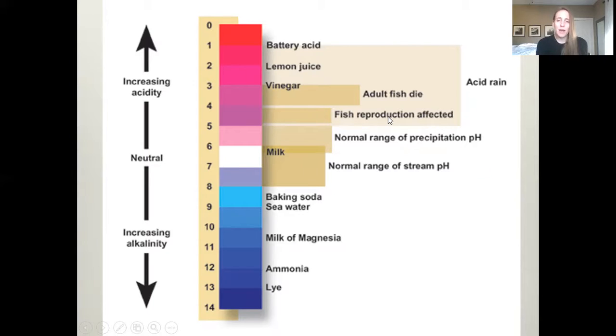Acid rain causing a drop in pH in lakes, even a drop from, say, neutral to 5, is going to affect the reproduction of fish, so they might not be able to have offspring anymore. And then if you drop another unit on the pH scale, it'll actually start to kill the adult fish.